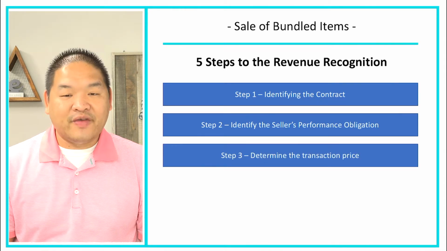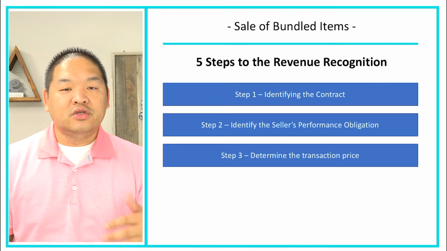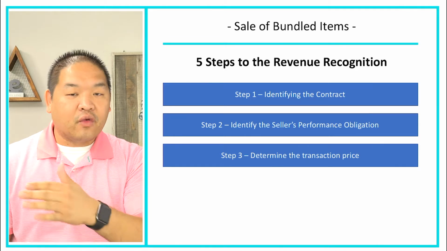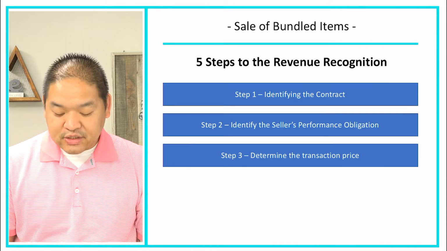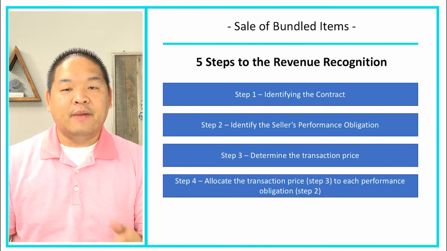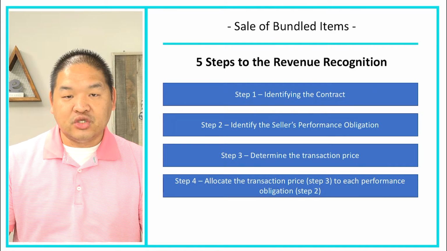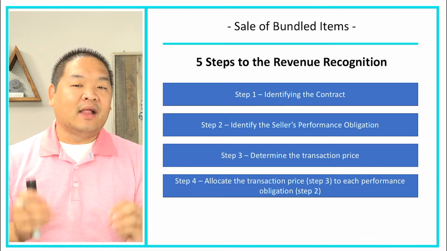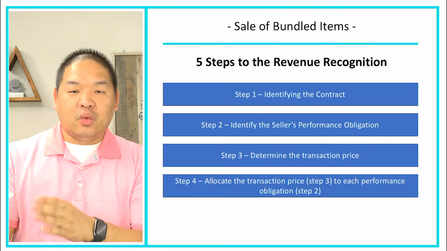In step 3, we determine the transaction price. Usually that's the total price someone is going to pay for the bundle, for all of the performance obligations. Then in step 4, we allocate the transaction price from step 3 to all of the different bundled items separately, the performance obligations we identified in step 2.